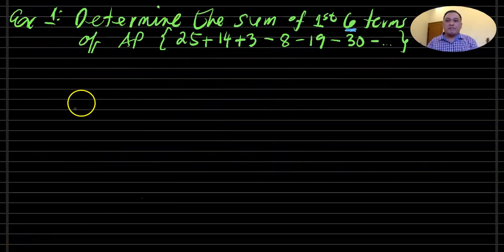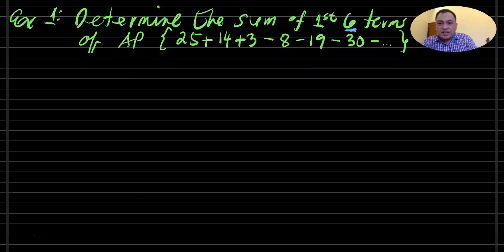Our first example: determine the sum of the first 6 terms of the arithmetic progression 25 plus 14 plus 3 minus 8 minus 19 minus 30 and so on. So what are we going to look at in here?